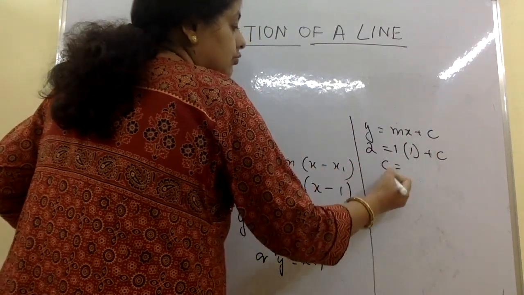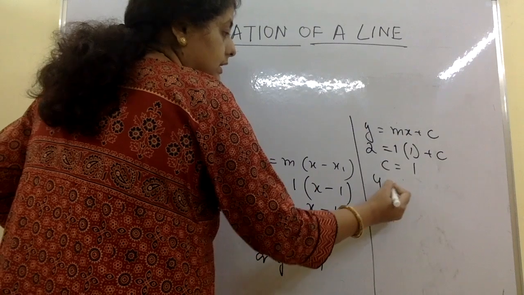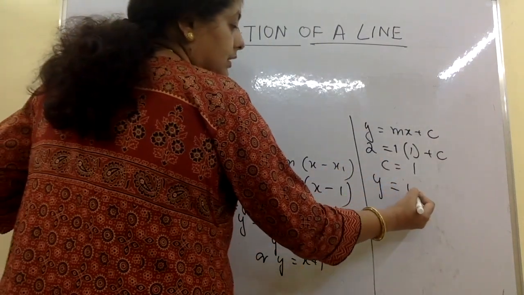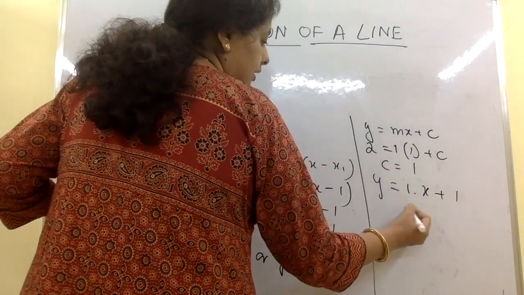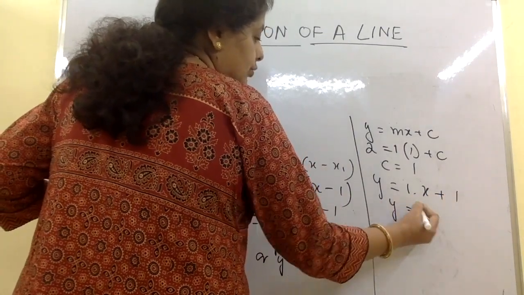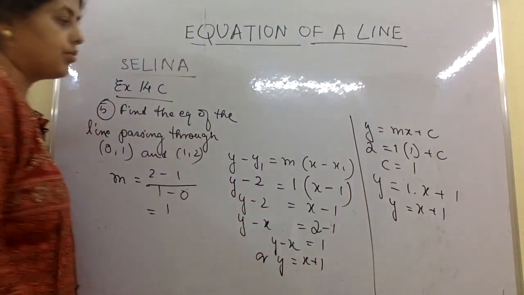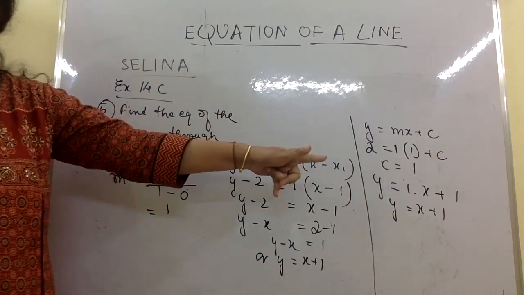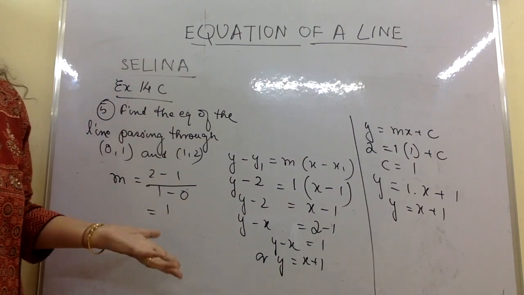So c is equal to 1. So y is equal to 1 into x plus 1, which is y is equal to x plus 1. Now note, whether you are using this formula or that formula, you are going to get the same answer.